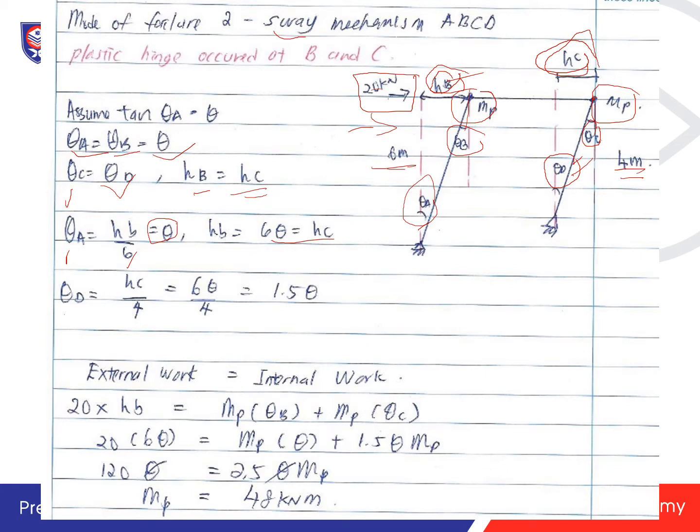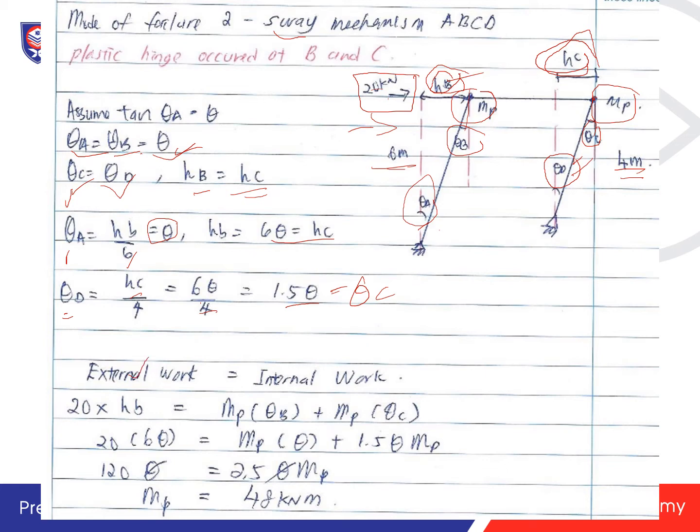So theta D is equal to HC over 4, which is 6 theta over 4, which is 1.5 theta. So theta A and theta B is 1 theta, and theta C and theta D is 1.5 theta.